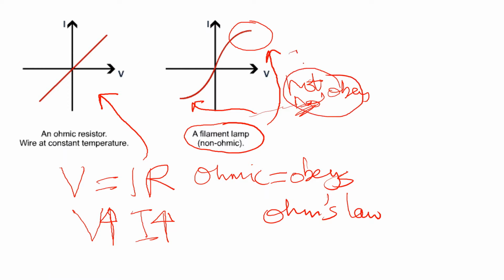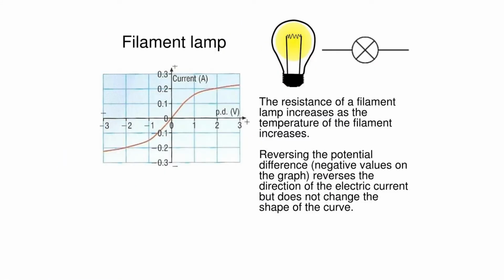So in this case, V is not equal to IR. The resistance of a filament lamp increases as the temperature of the filament increases. Reversing the potential difference, negative values on the graph, reverses the direction of the electric current, but does not change the shape of the curve. So again, this is non-ohmic.